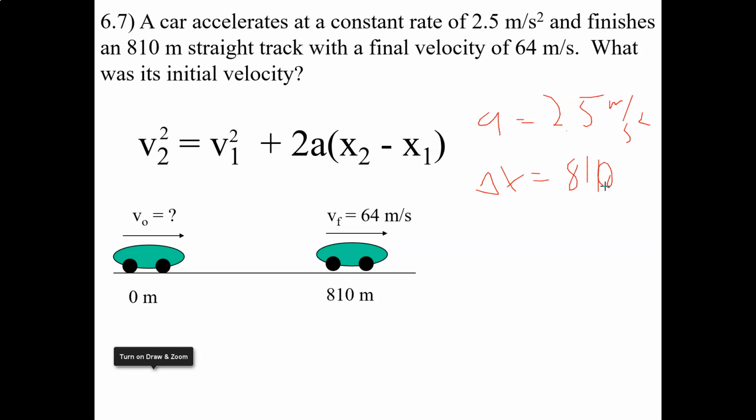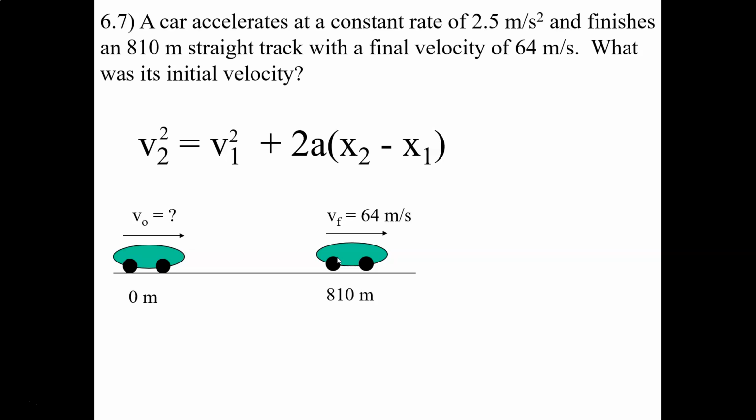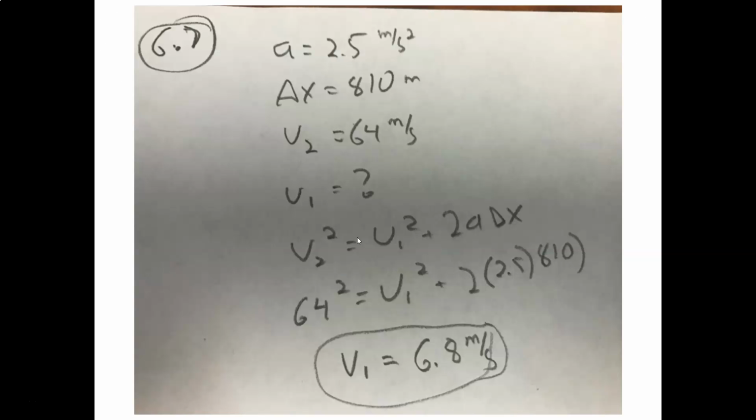The final velocity, V2, equals 64 meters per second. What was its initial velocity? So that's our question mark. So at that point, you just substitute in here, and I work this problem on the next slide right here. So this is how you would work that, and we're going to move on.